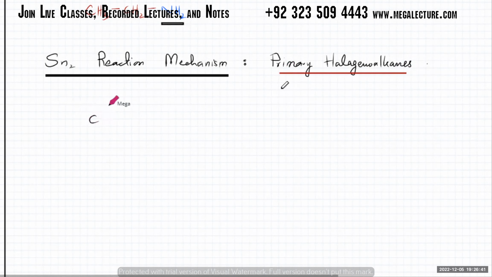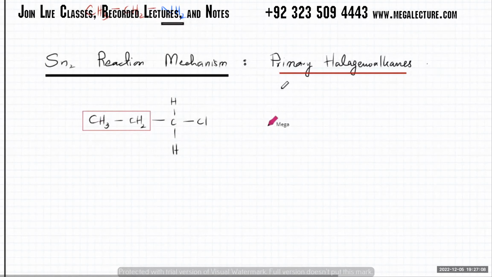Now, what happens in this case is you've got a primary halogenoalkane. It's got only one carbon chain attached to the alpha carbon, which has the Cl attached. So there's this carbon, and there is Cl, and there is H, and another H. So this one has just one carbon chain.